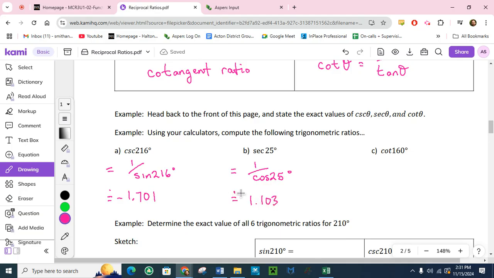Can you guys try the last one using the same idea? Cotangent is the flip of tan. I'll wait a second. You guys try. I'll just wait like 20 seconds or so.